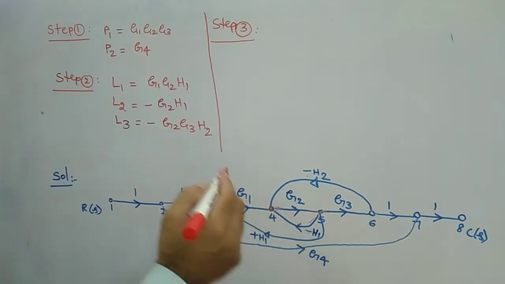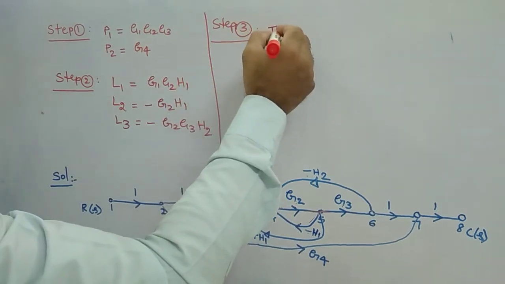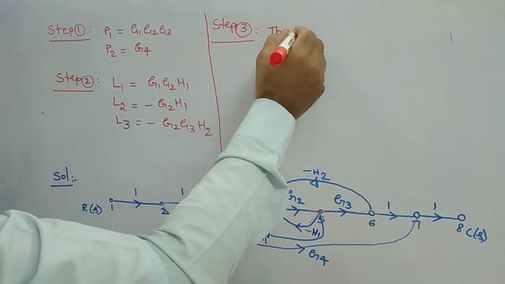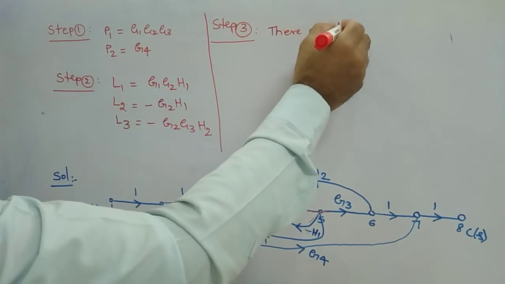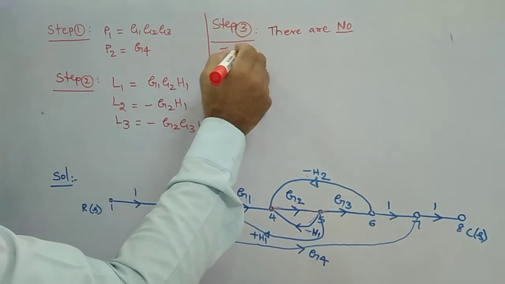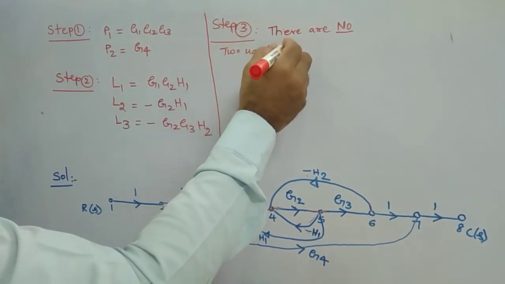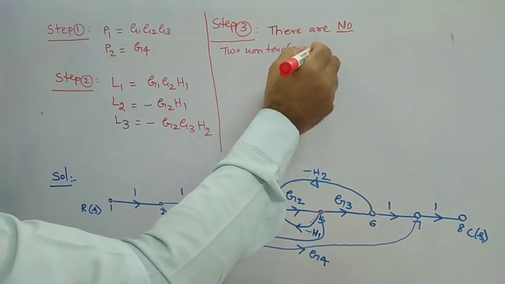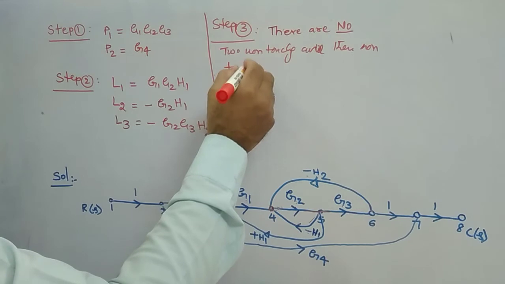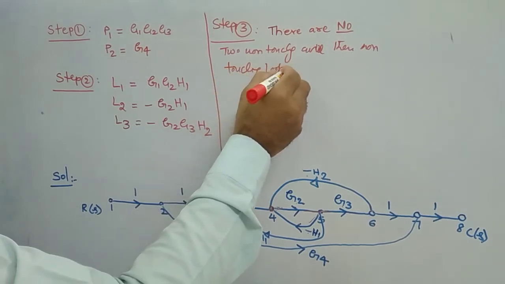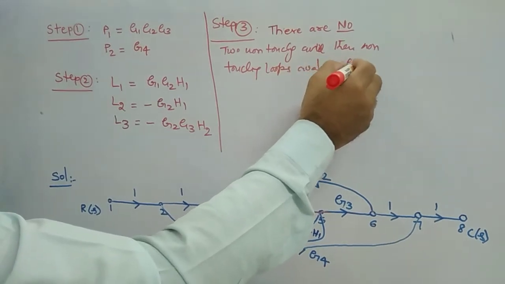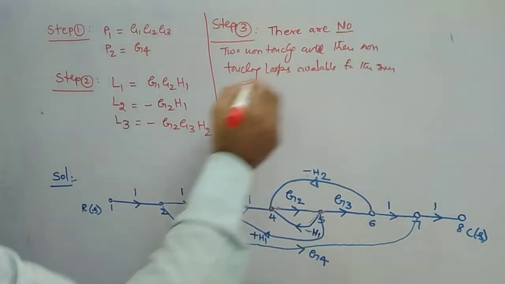So for step number 3, you can write: there are no 2 non-touching and 3 non-touching loops available for the given signal flow graph.